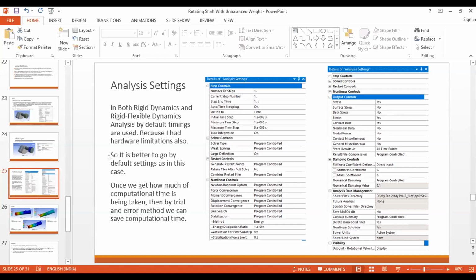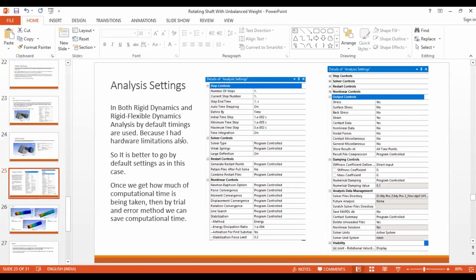So that's why it is better to go by the default setting, as in this case. Once we know how much computational time is being taken, then by trial and error we can save computational time. But here I used only the default timing.